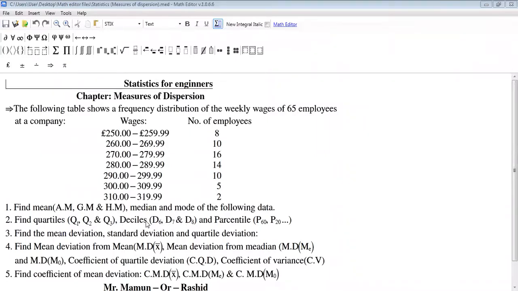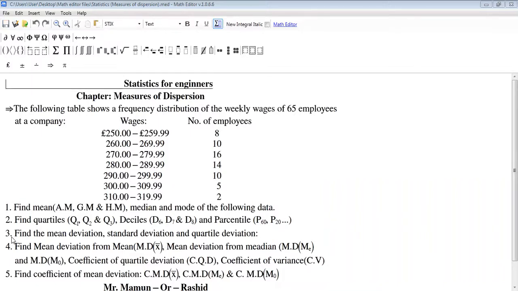There are 9 deciles, D1 to D9, and we'll try to find D6, D7, and D8 from this table. And the percentiles, there are 99 percentiles, P1 to P99. From this table we'll try to find P60, P20, etc.